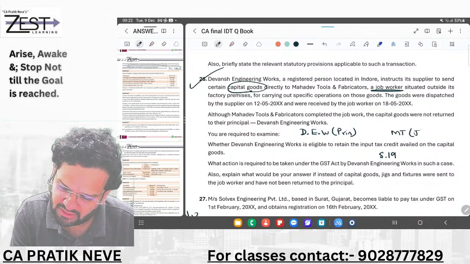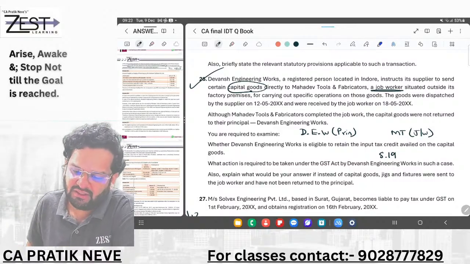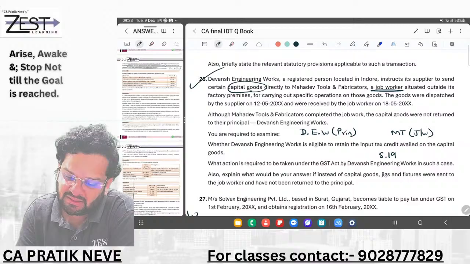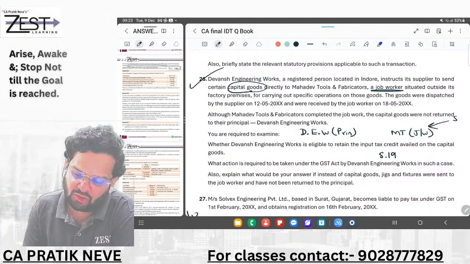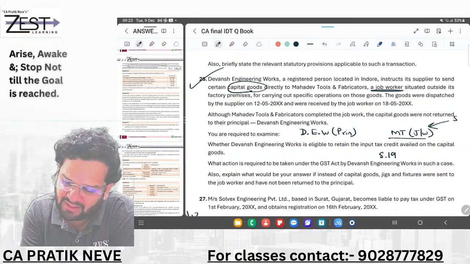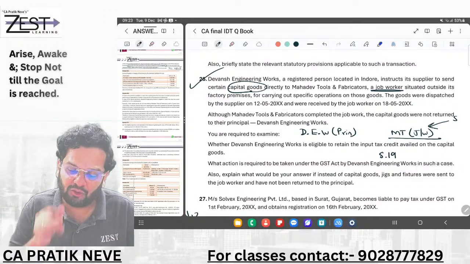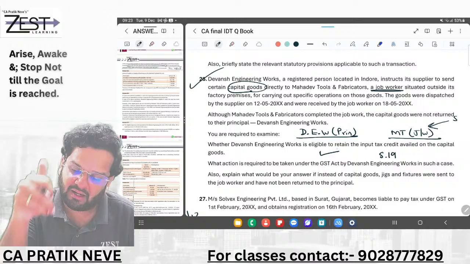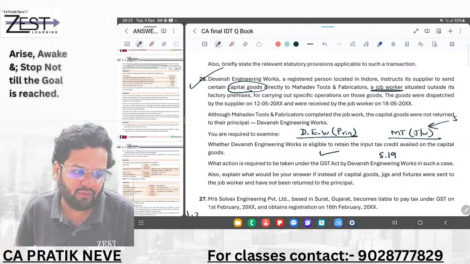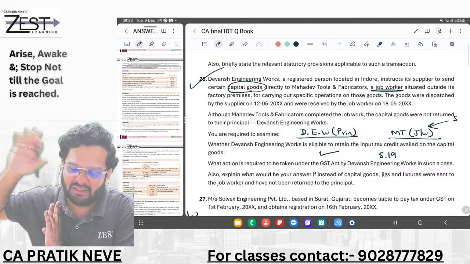Now Devansh Engineering instructs the supplier to send goods directly to the job worker. Is it okay? Yes, it's absolutely okay. Devansh Engineering Works can take ITC of that. Even if capital goods are directly received by the job worker, it doesn't matter.